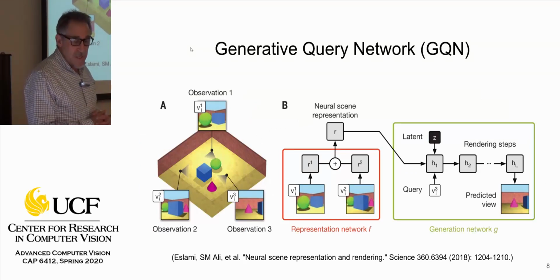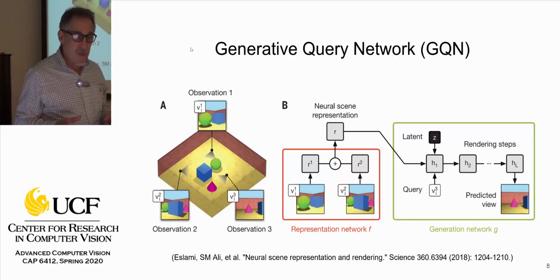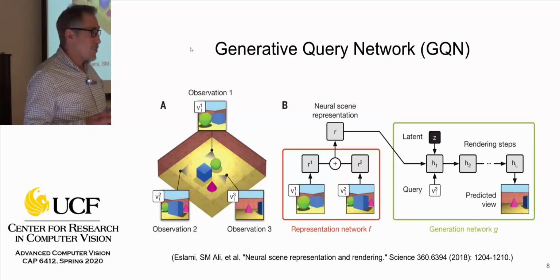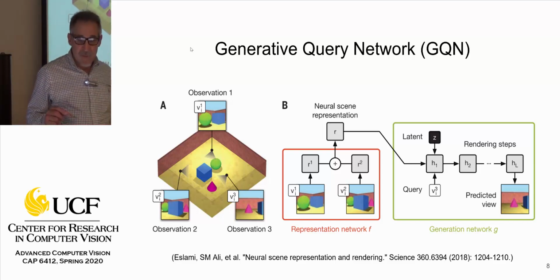So the generative query network, this is what the current paper I'm briefing is built upon. The generative query network essentially takes multiple observations of a virtual 3D environment, and then it processes those images with a convolutional neural network, as well as the viewpoints for those images, and then adds them together into a neural scene representation. From this neural scene representation, then we need to generate a new image.